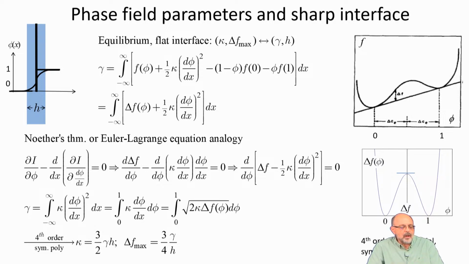Last time we showed, and I have skipped some steps, I don't want to overload you with math, that one can derive this parameter kappa, which goes with the square of the gradient, and this maximum delta f, where delta f is this function and this is delta f maximum.